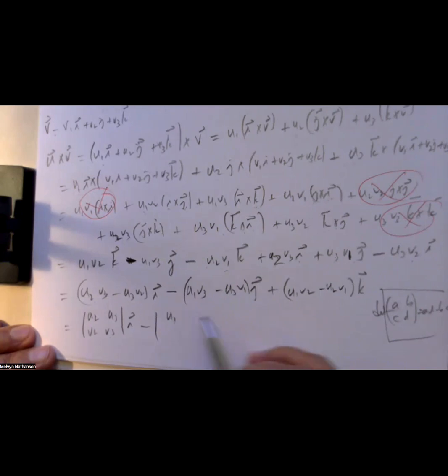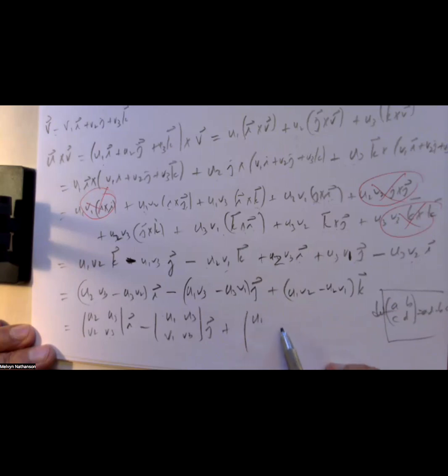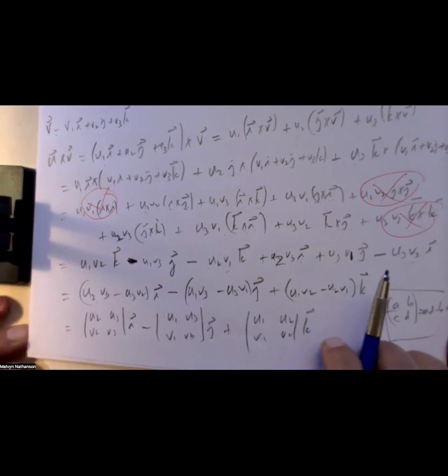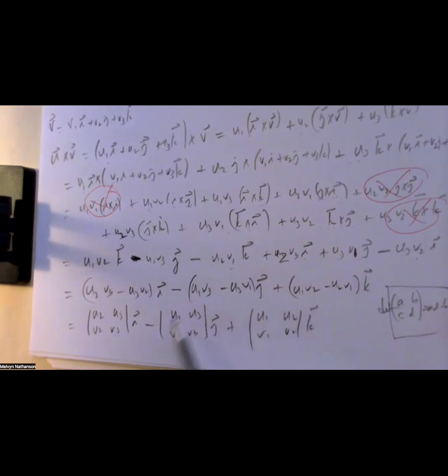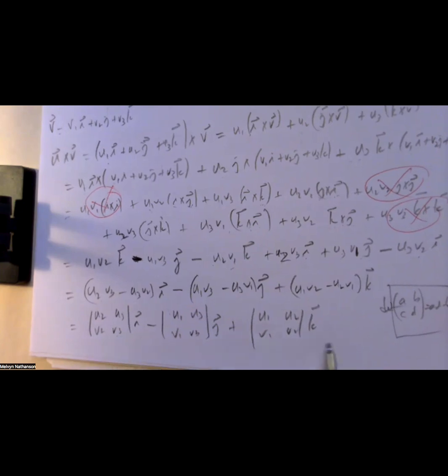And here we have u1, u3, v1, v3, that determinant times j. And here we have the determinant u1, u2, v1, v2 times k. So these are equivalent expressions for the cross product in terms of 2x2 determinants. Or if you don't like determinants, you can use this.